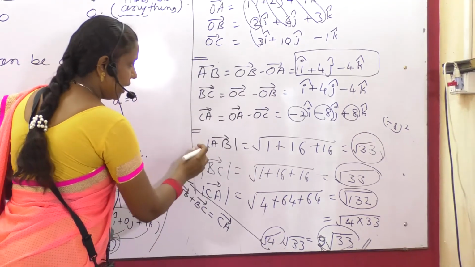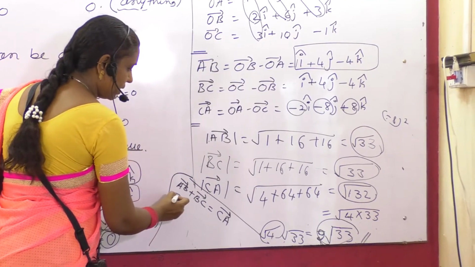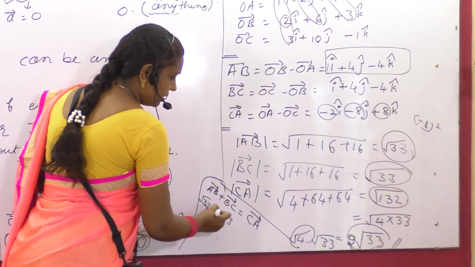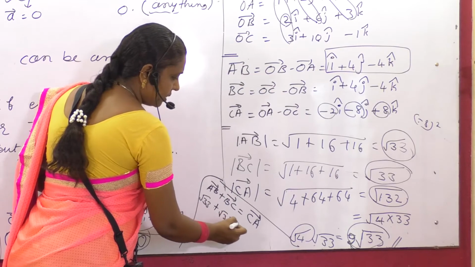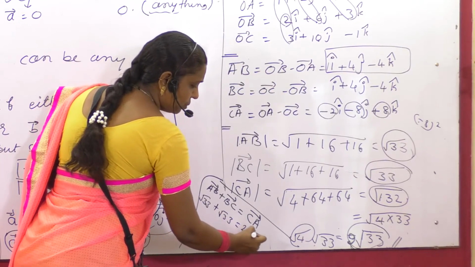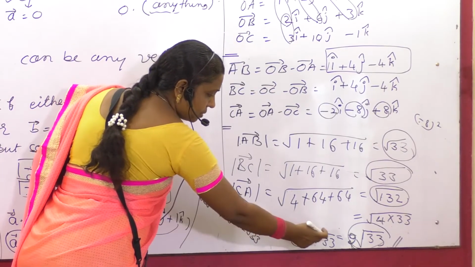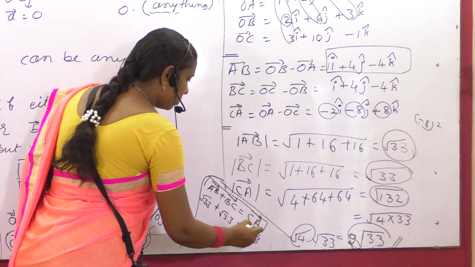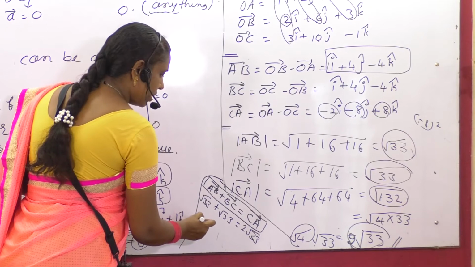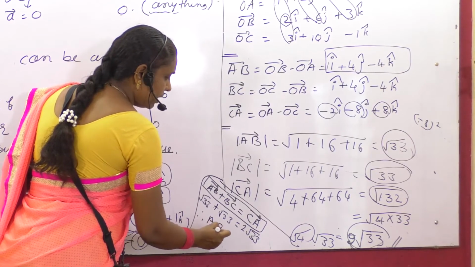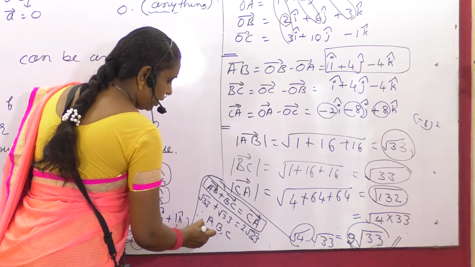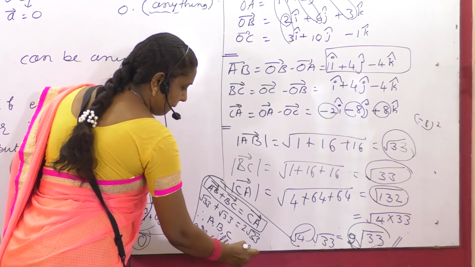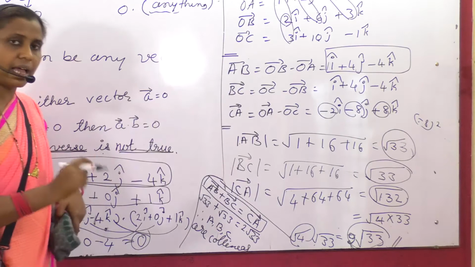AB, that is root 33, plus BC, root 33, is equal to 2 root 33. Is it equal to CA, the expression? If this condition holds good, what are we going to conclude? Points A, B, C are collinear. Is this clear, everybody? Points A, B, C are collinear.